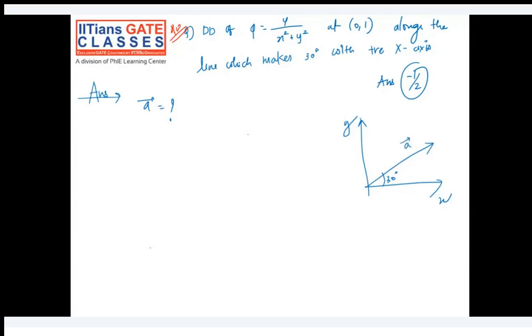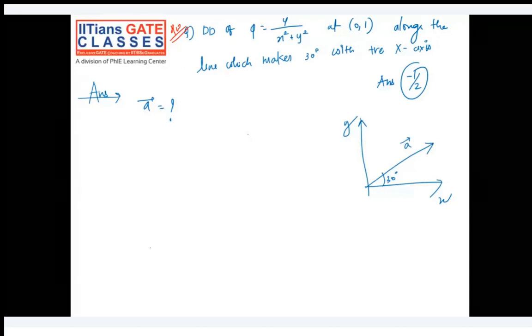See, let's call this a bar. A bar will be something xi plus yj, right? So it is xi plus yj, right, Arjun? So what is x? Let's say any particular point.